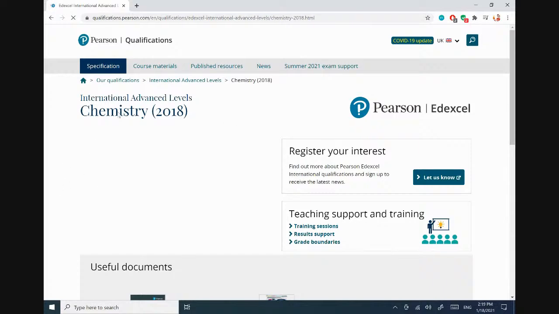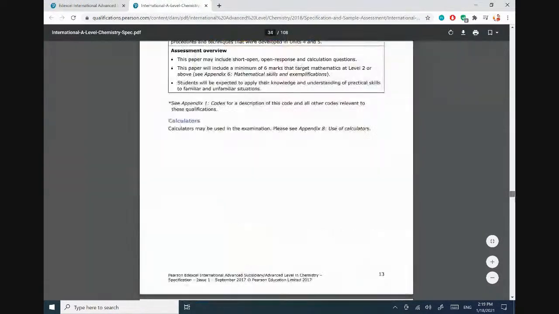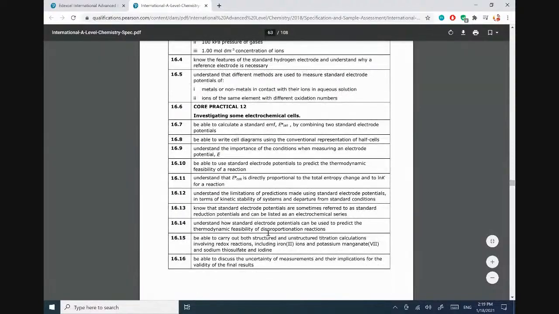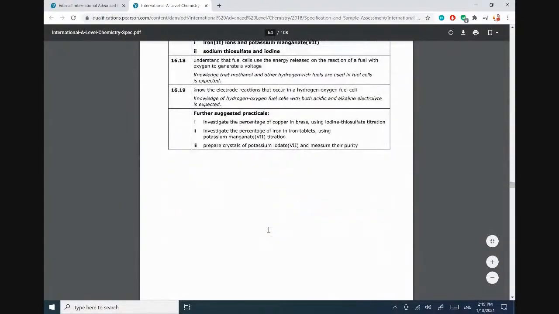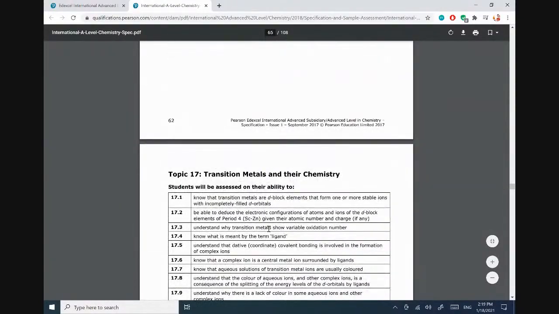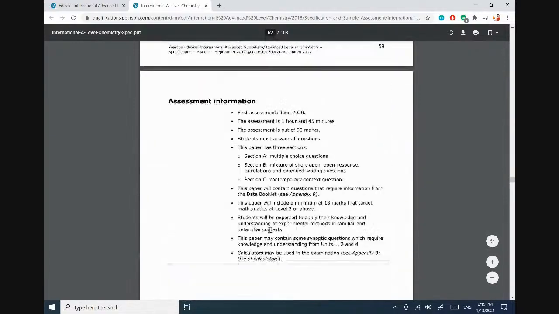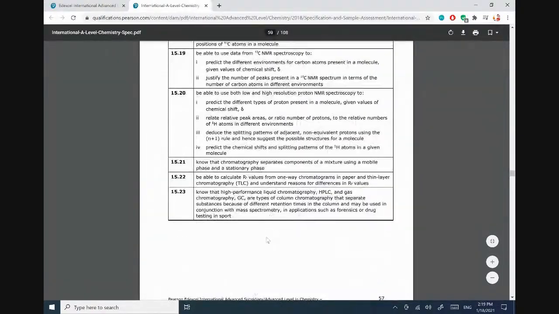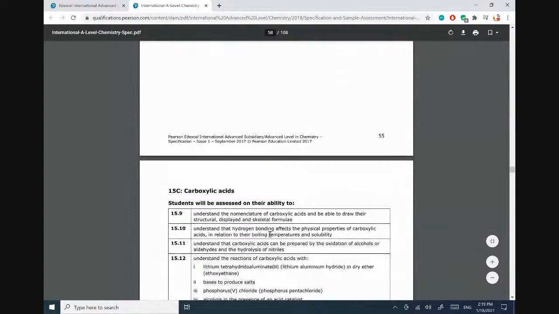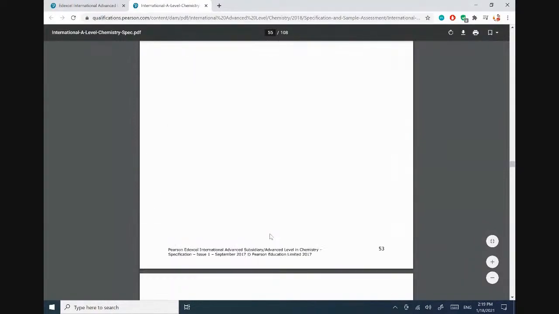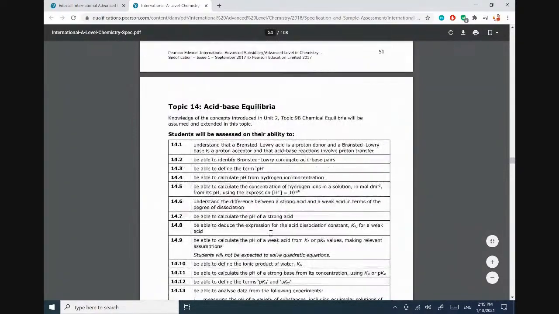Let's quickly go to the enthalpy of solution, which is about there. Transition metals might be before it. I just want to quickly look through the unit 4 notes, which is coming up now.